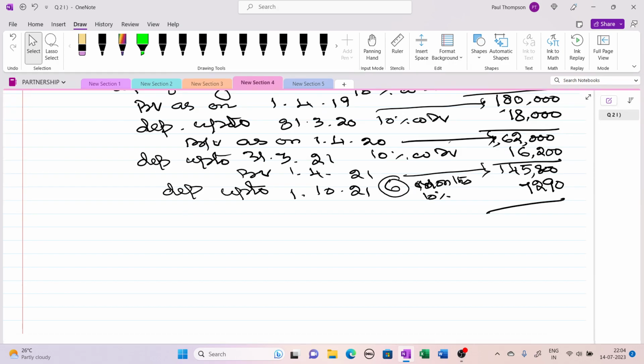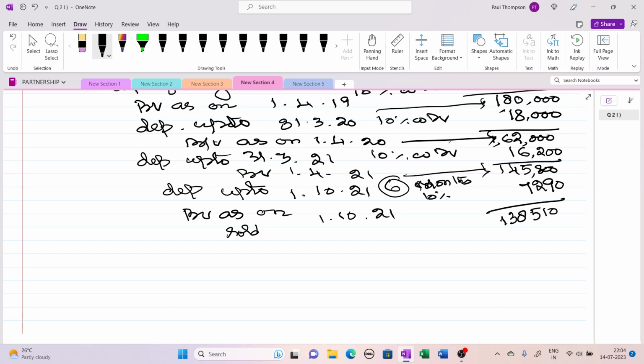Now the book value as on 1/10/21 is 1,38,510. We have sold it and got the amount in our bank, 1,10,000.